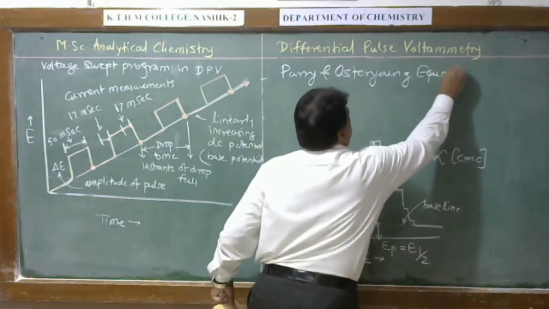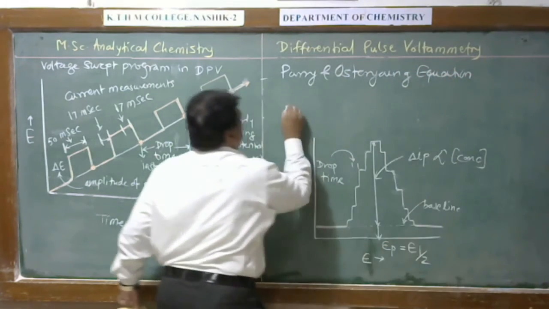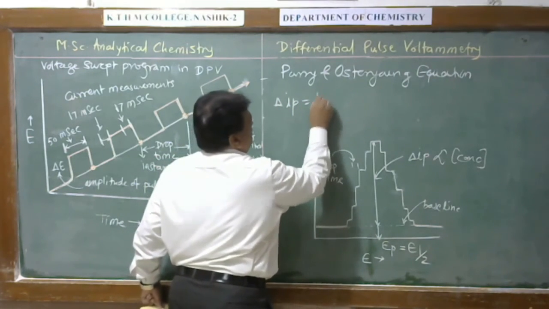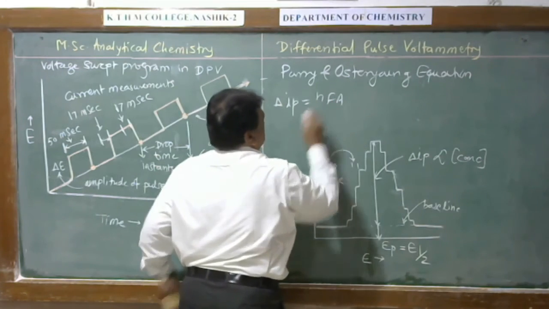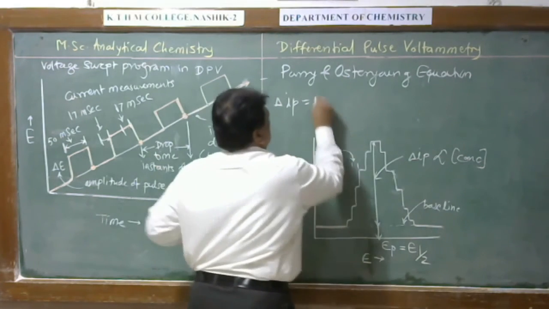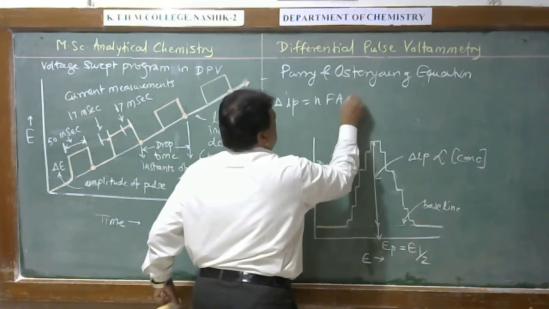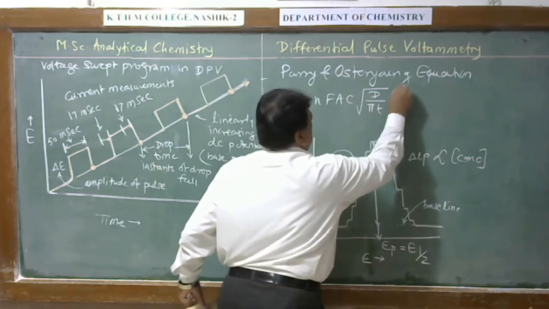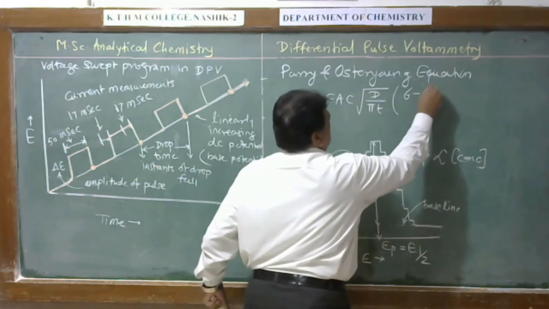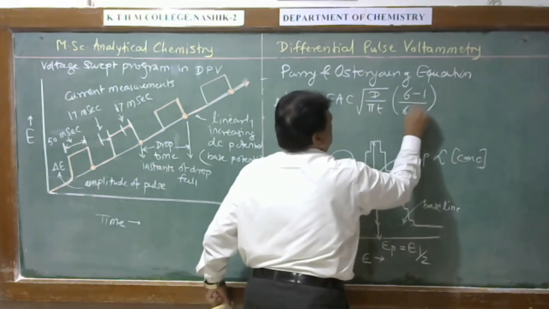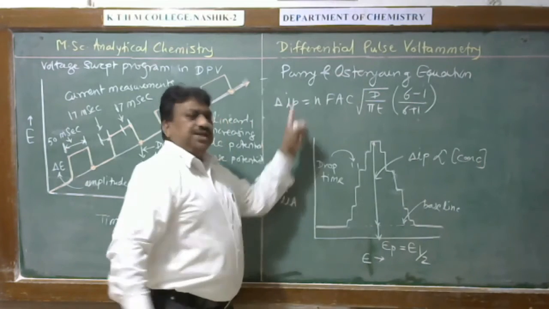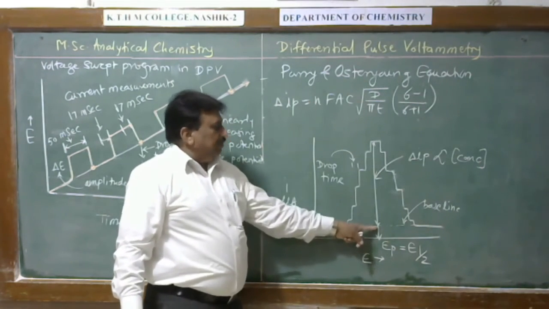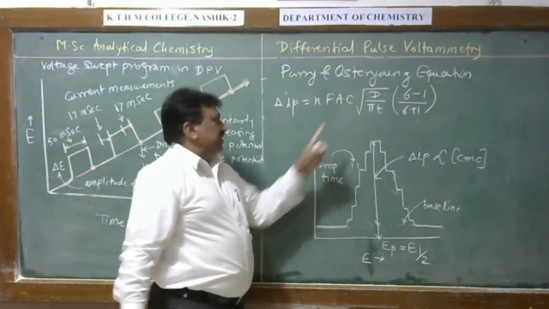By this equation, the peak current, that is delta IP, is equal to nFAC under root D upon pi t, into sigma minus 1 upon sigma plus 1. This equation gives the value of peak current. When we know the peak current, we can easily determine the concentration.